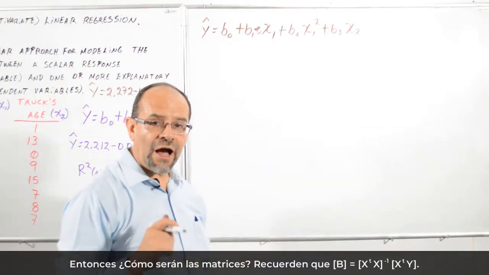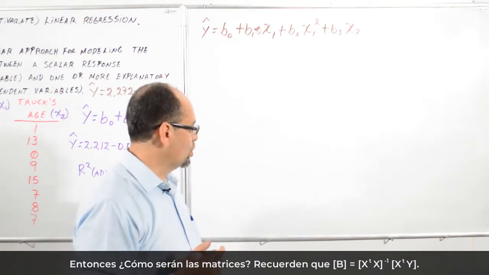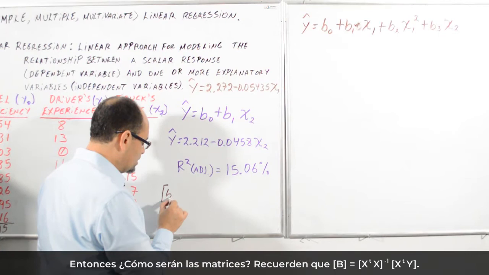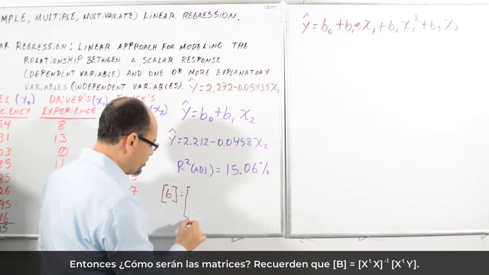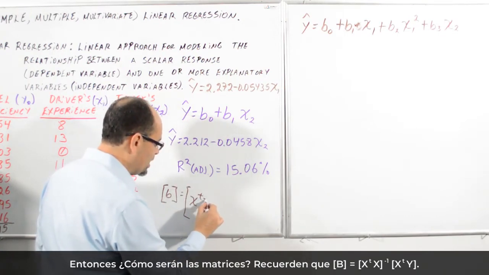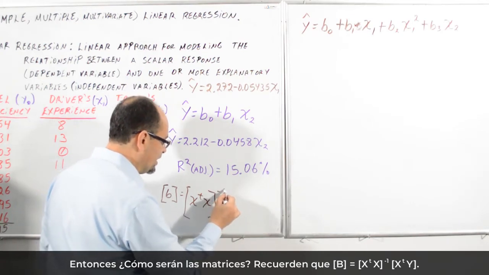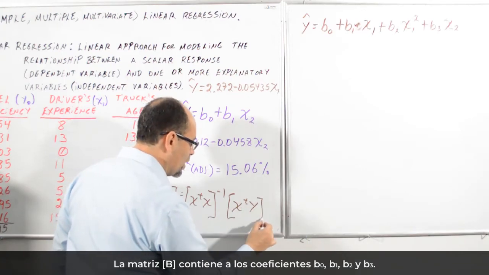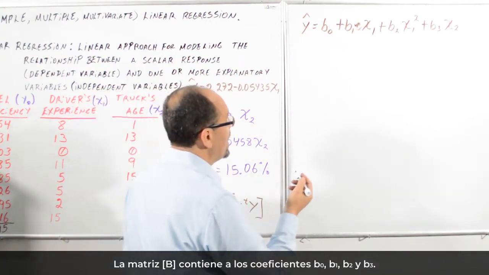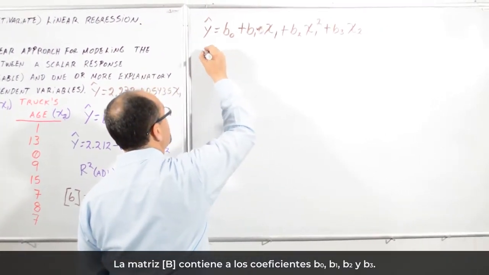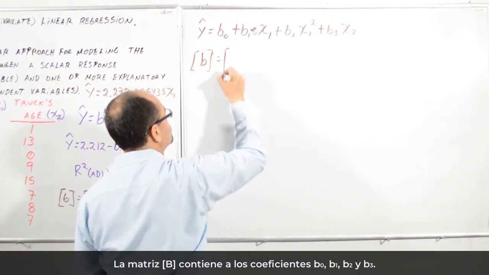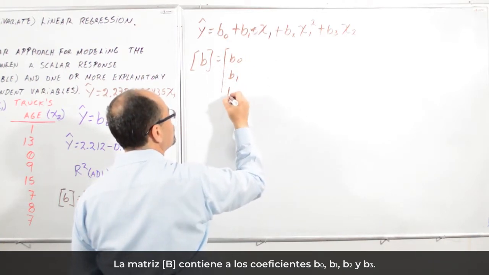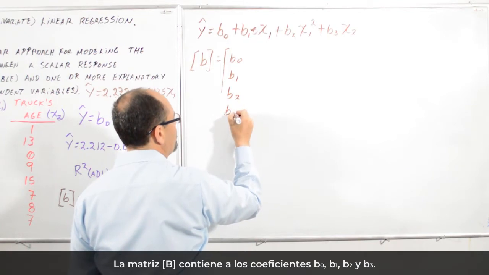Well, how then will the matrices be? Because keep in mind that matrix B is equal to the inverse of matrix X transpose X, times X transpose Y. Well, what is the matrix B? Matrix B is equal to B0, B1, B2, and B3.